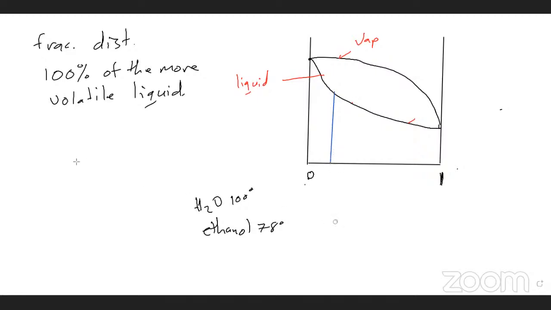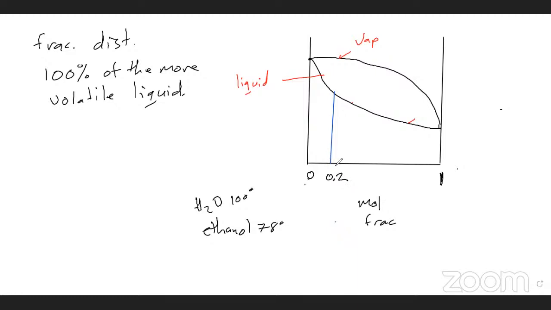At this point, if this is 1 mole of alcohol, so it's mole fraction, the 0, this is 1, which means that this is about 0.2.